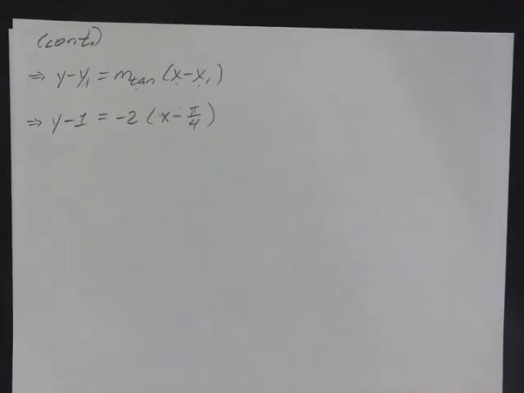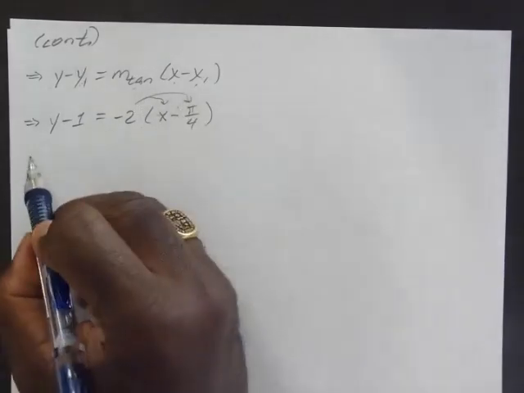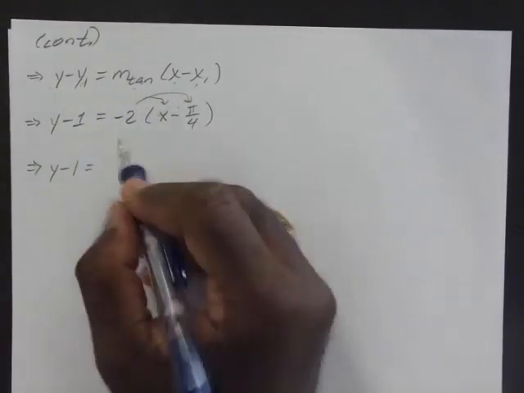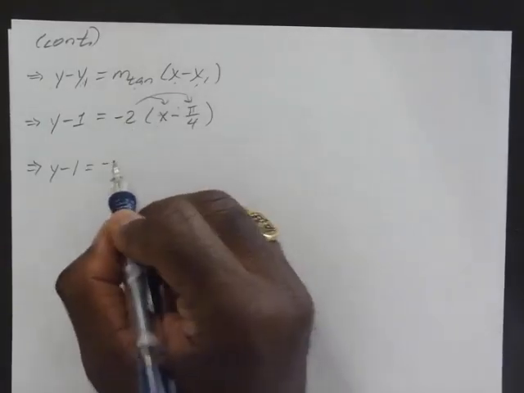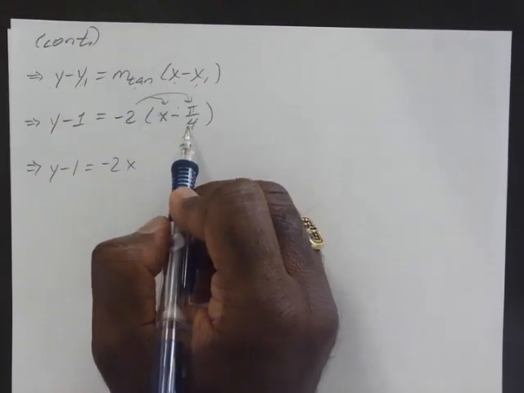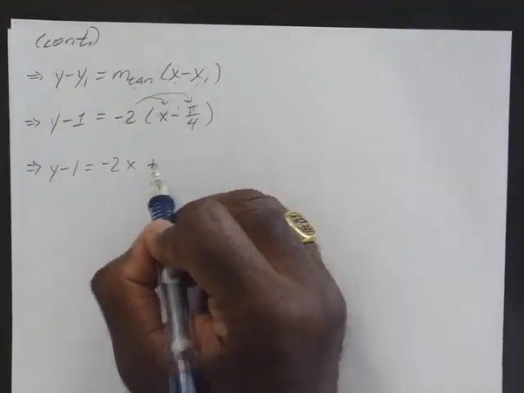Then at this point, you just have to solve for y. So we distribute that negative 2. So y minus 1 equals negative 2x. Negative 2 times negative pi over 4 is positive pi over 4, where you can simplify it to pi over 2.